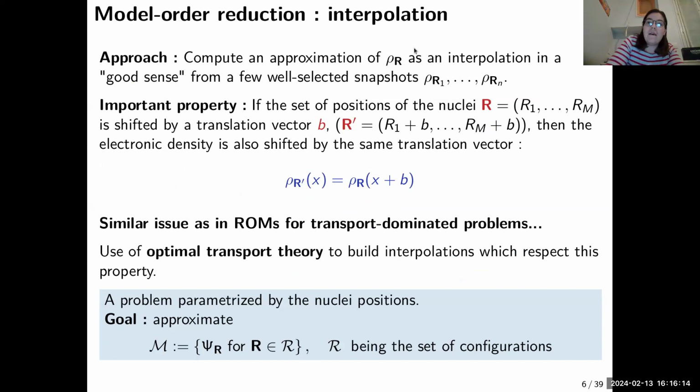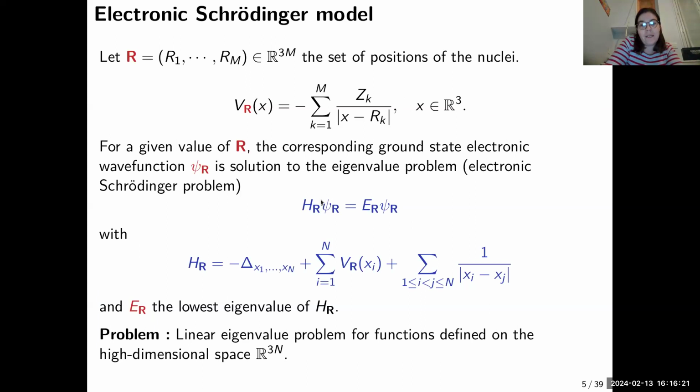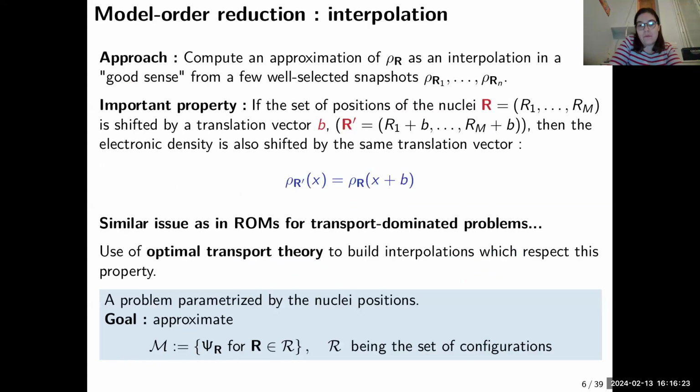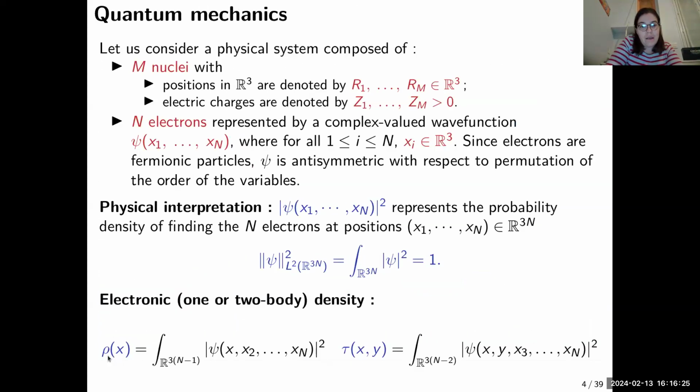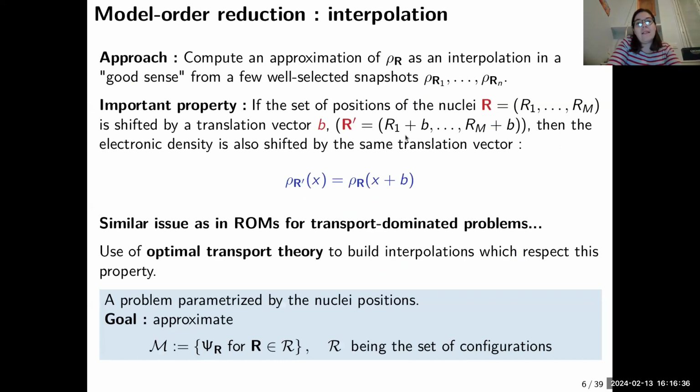The solution of which is only the one-body electronic density associated to this wave function psi R. Okay, so remember the one-body electronic density was this quantity rho of x, defined out of a wave function psi with this formula here. And so in practice, what chemists compute is this one-body electronic density. They don't compute the total wave function.